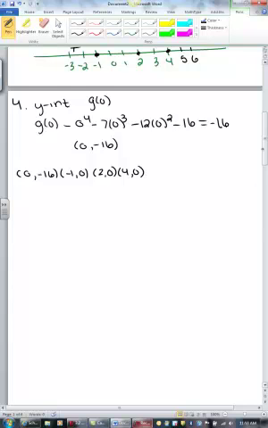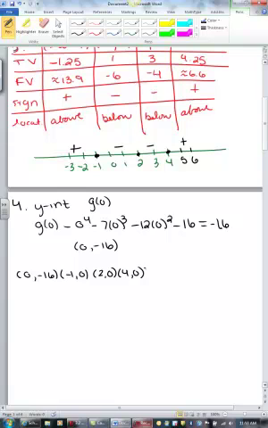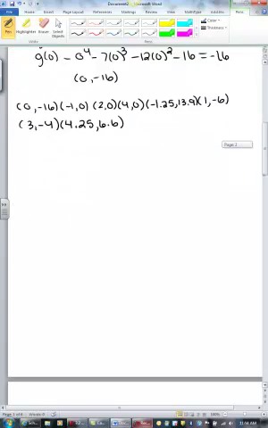And then we had some test points that we were able to find: (-1.25, 13.9), (1, -6), (3, -4), and (4.25, 6.6). Okay, so we have our y-intercept, our x-intercepts, and then some test points that we were able to determine. From that we should be able to graph this function.